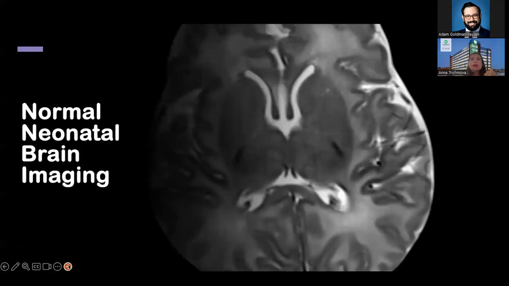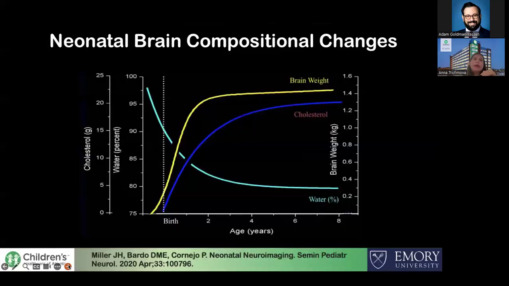Okay, with that, let's transition to the discussion of what is the expected normal appearance of the neonatal brain on imaging. I just wanted to start with this graph that nicely shows very dynamic changes that happen in the neonatal brain composition.